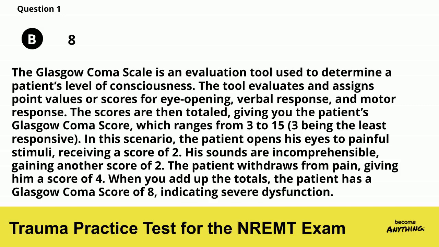In this scenario, the patient opens his eyes to painful stimuli, receiving a score of 2. His sounds are incomprehensible, gaining another score of 2. The patient withdraws from pain, giving him a score of 4. When you add up the totals, the patient has a Glasgow Coma score of 8, indicating severe dysfunction.